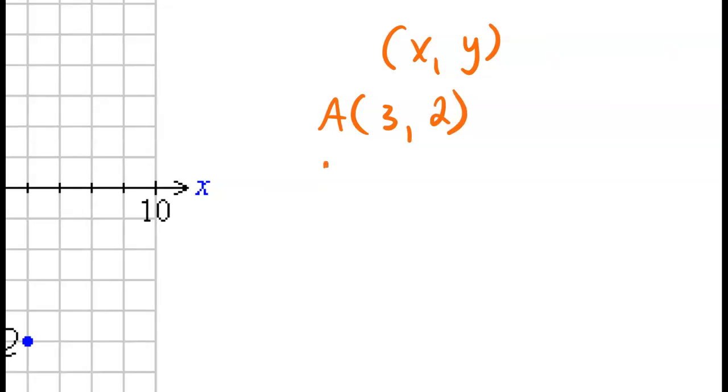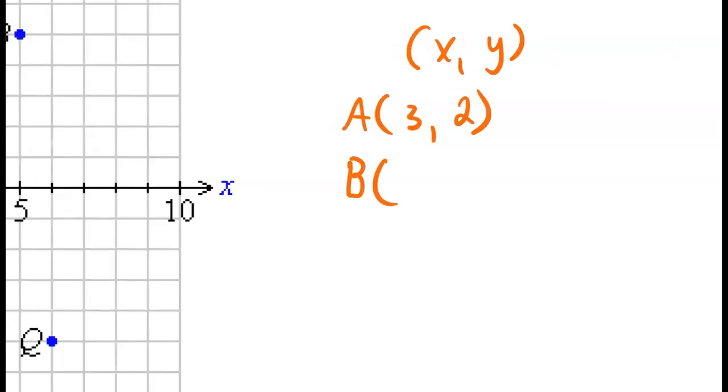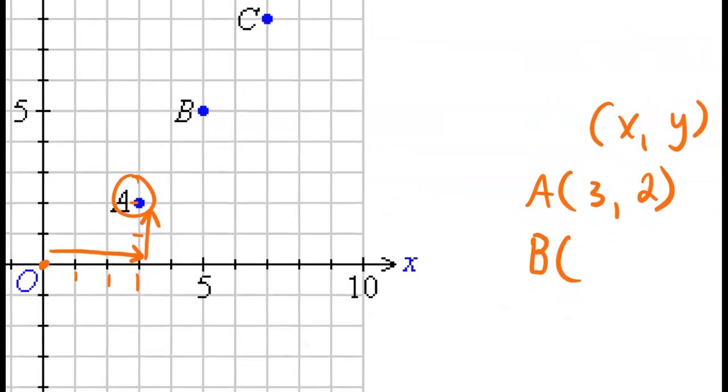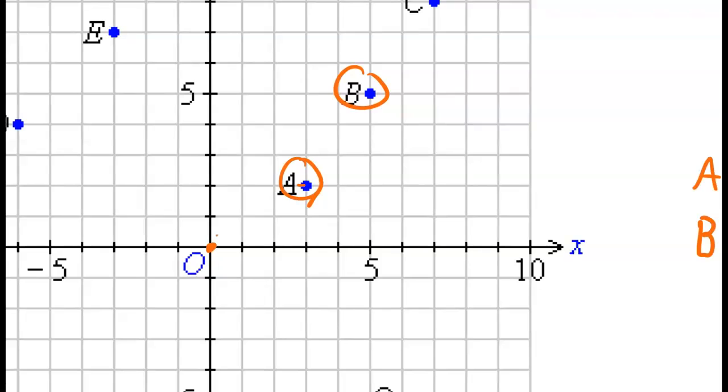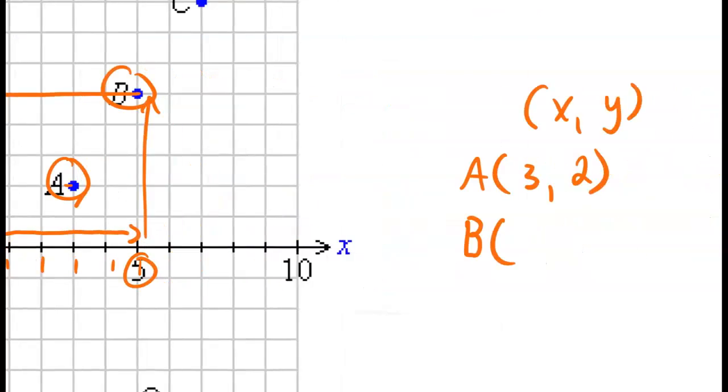Looking at point B now. B is right here. Getting rid of these other lines, we move over to the right, 1, 2, 3, 4, 5, right on 5. And we move upwards. If you match this over, it's going to be matching up with 5.